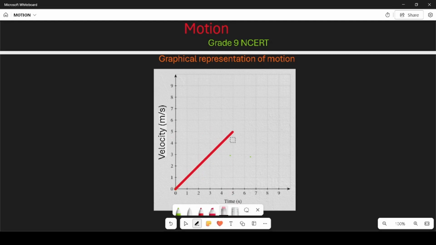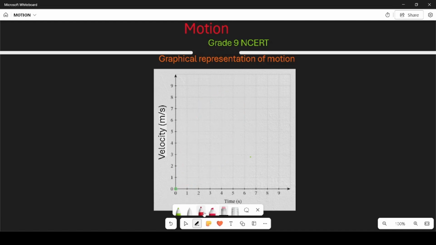Now I can show you non-uniform acceleration. It's the same as non-uniform motion in a distance time graph. It goes in a curve, an upward curve. So this is non-uniform acceleration. Now let's see an object increasing its velocity from a value other than 0.